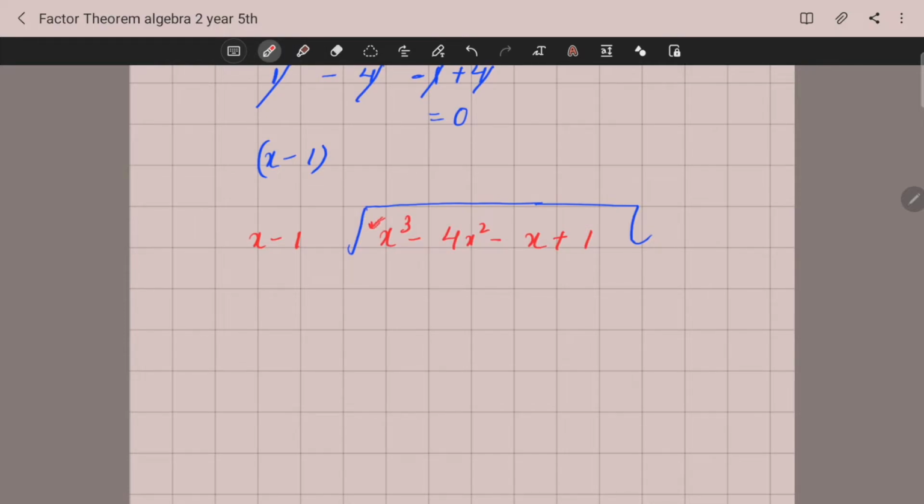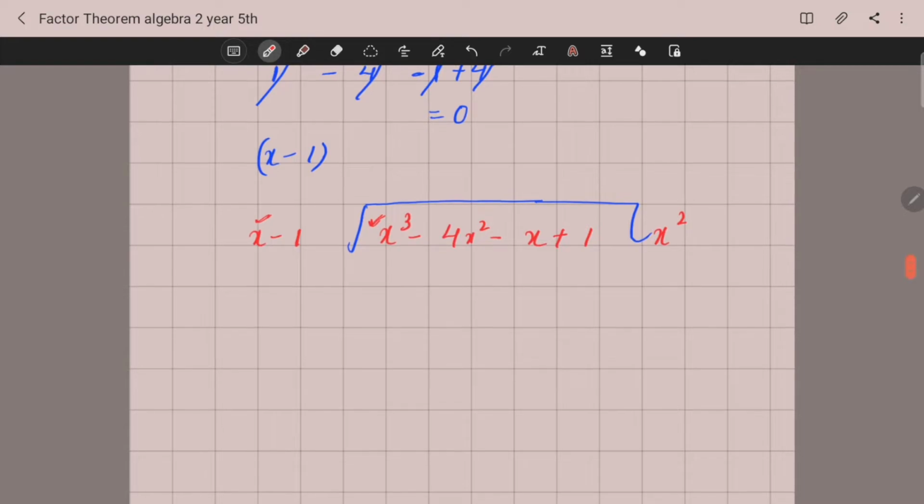This is x cubed, and here we have x. So how many x do we need? x squared. So we'll write x squared over here. x into x squared is x cubed, so I'll write x cubed over here. After that, we use 1 into x squared, which is 1x squared, and I'll put it over here.